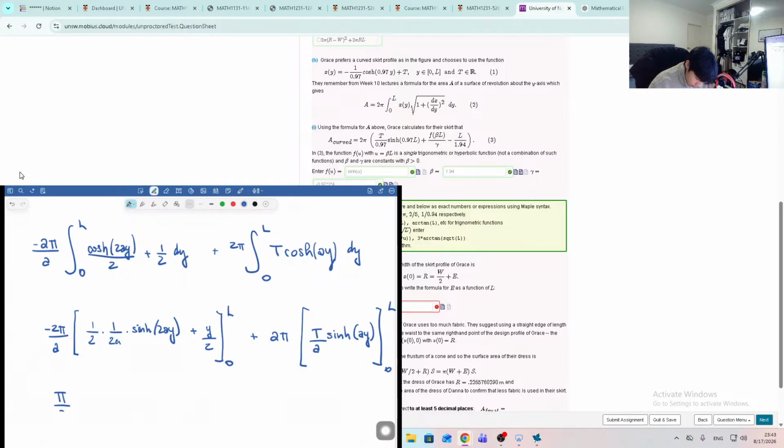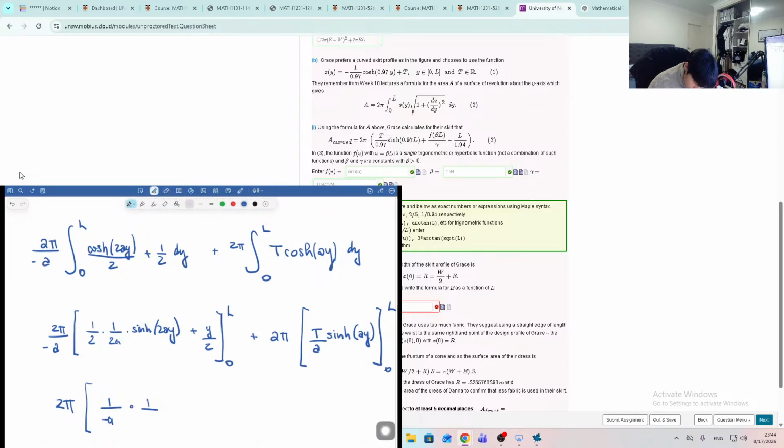So we have pi on 2 pi times minus, so I have to put this minus on the bottom.